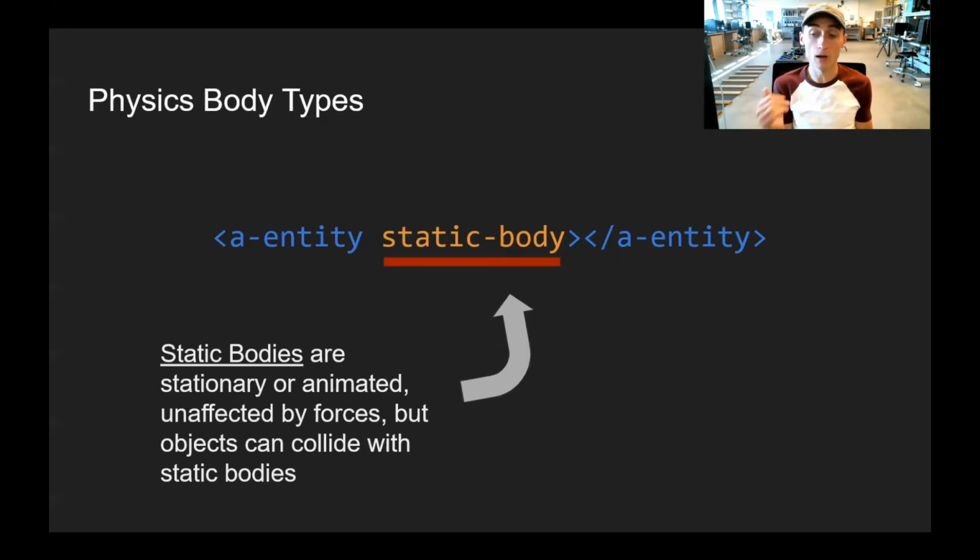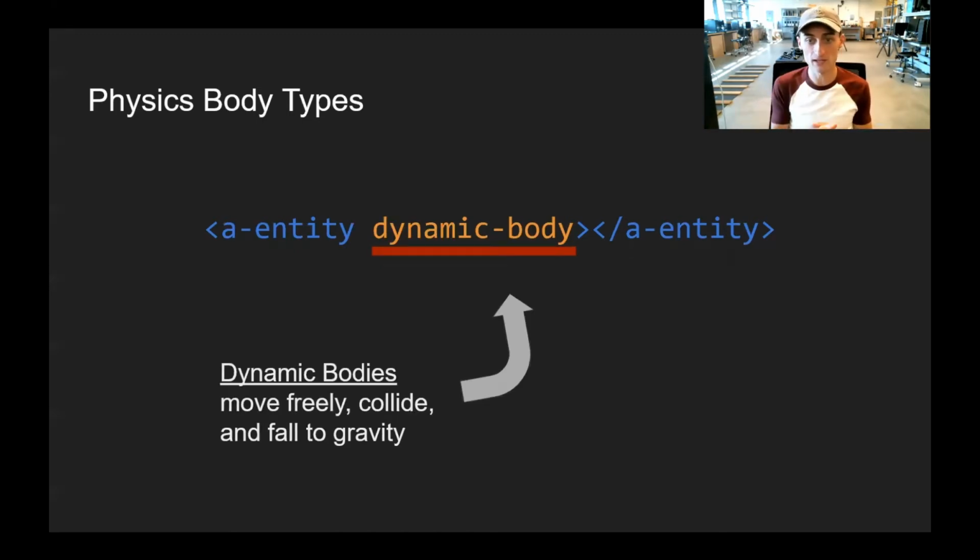So other objects can collide with them, but they won't interact at all. They'll just stay where they are. And the kinematic bodies in the Ammo physics backend were basically a special type of static body that were animated. But in this case, static body covers all of those. So static body can be stationary or animated. And then the last thing that's left is the dynamic body. If you have gravity set, you can also set the mass for these as well. They're affected by all forces. They're affected by gravity, so they'll fall. And that's basically about it for that.